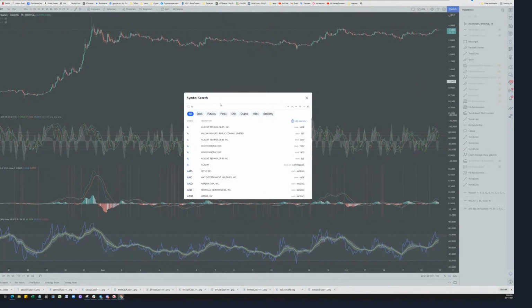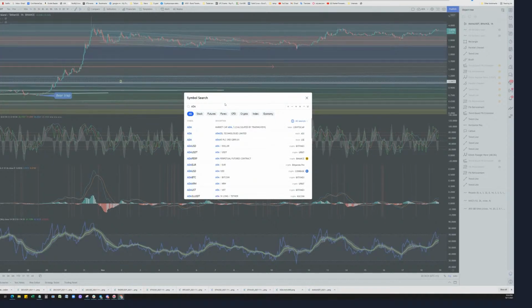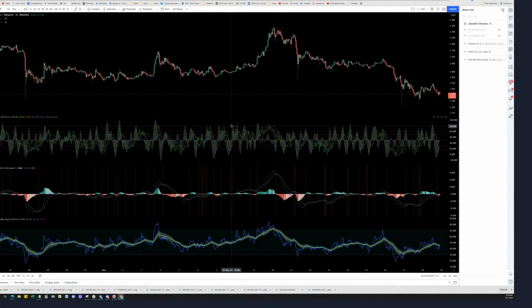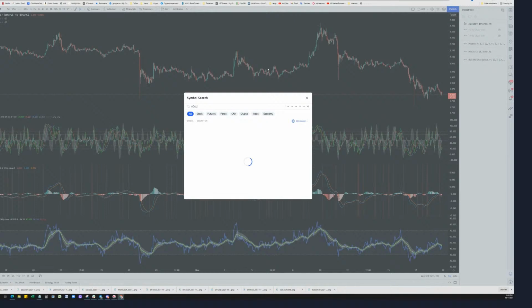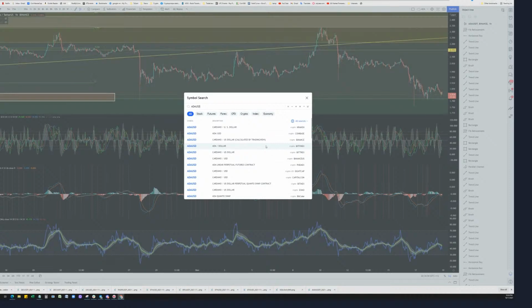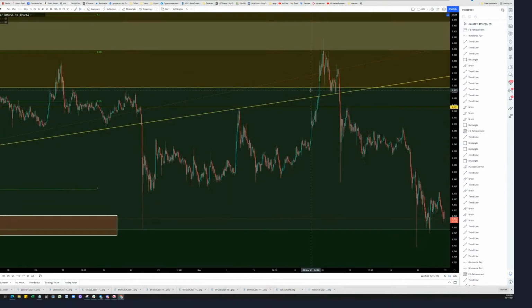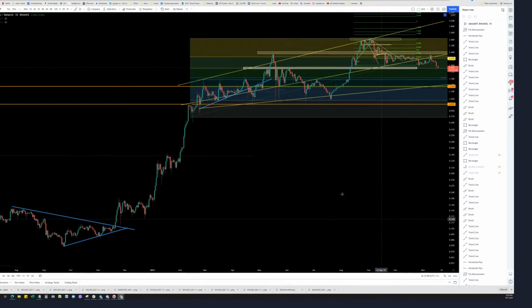Silly things like that. Is it Poloniex? One of the charts had a good history. Actually, this is the one. It just came out slow. All right, let's go to the daily. Okay, here we go.